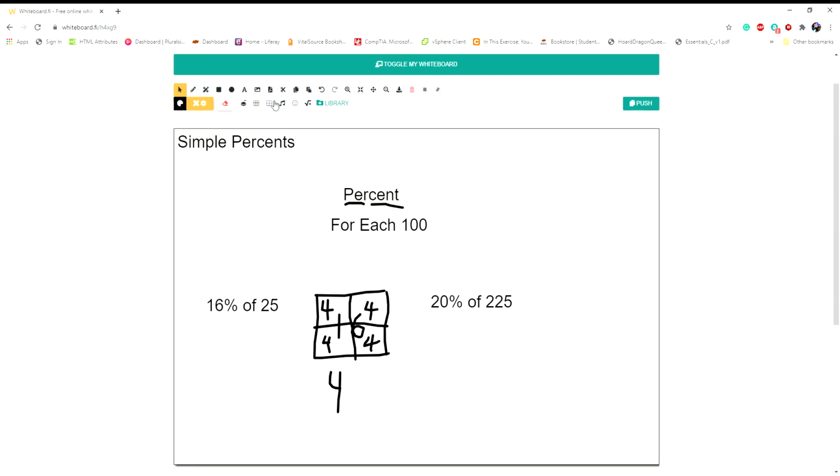That means I have 2 100s, and then I have 25, which is a quarter. So I'm just going to draw a quarter of a box. That way I can visually see. So for each 100, I have 20. But now I'm at 25. I need to take a quarter of a number, meaning I'm going to divide it by 4.